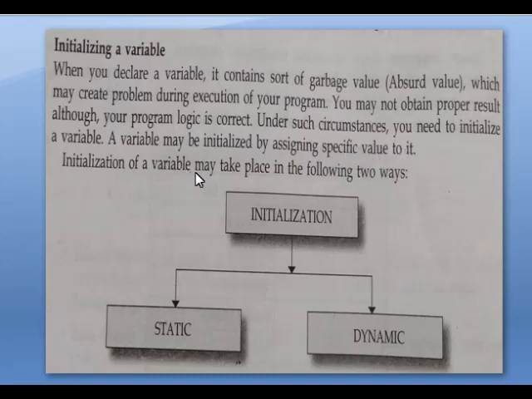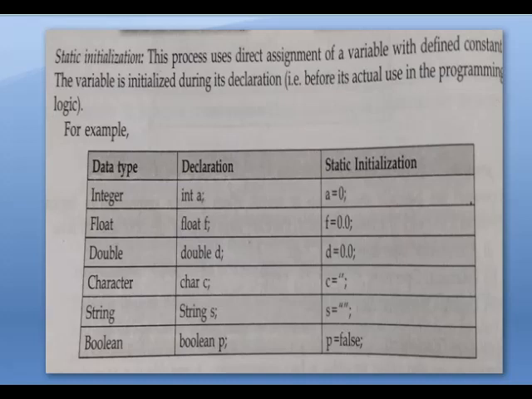Initialization of a variable may take place in the following two ways. So there are two ways of initialization of the variables. First one is static and next one is dynamic. First we are going to see what is static initialization.